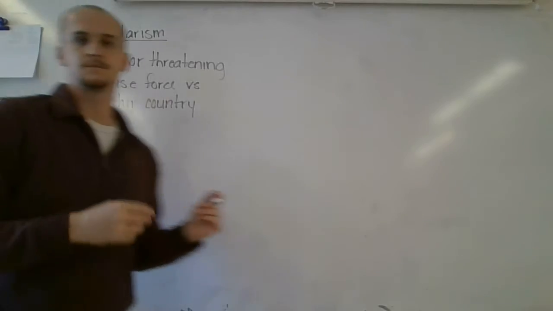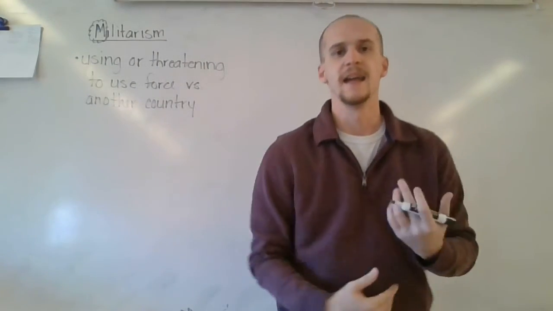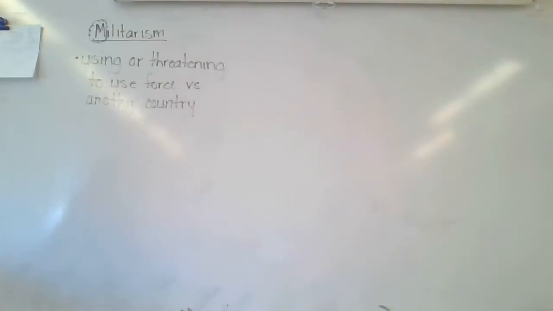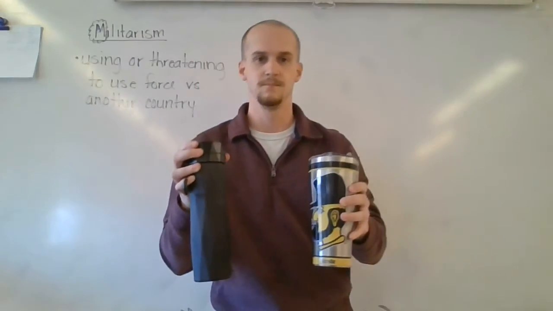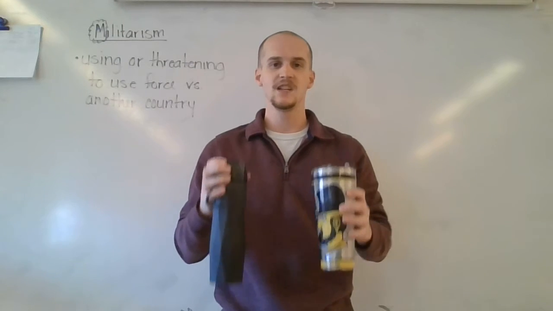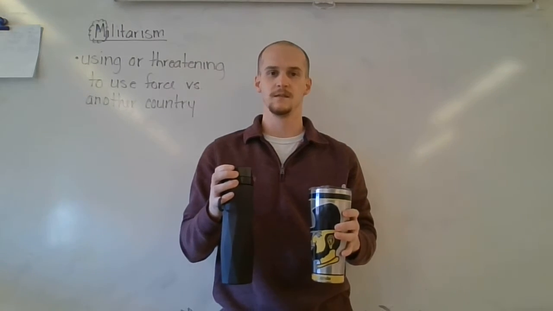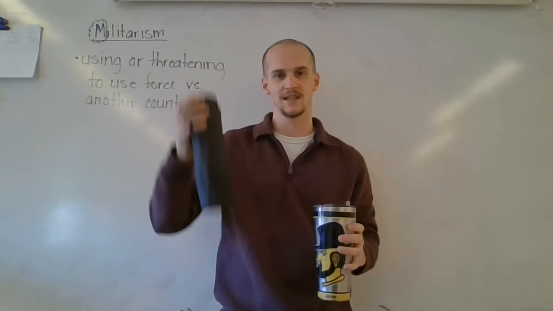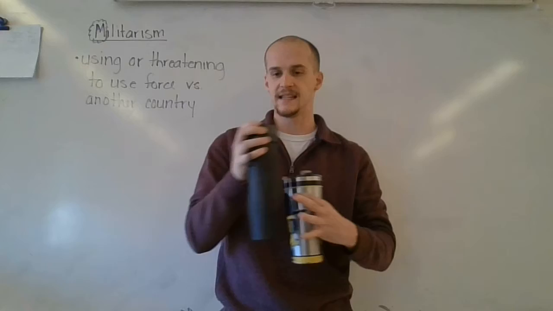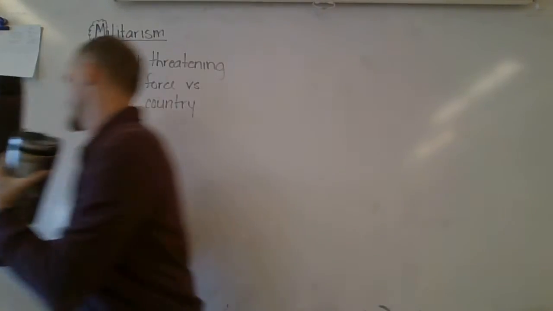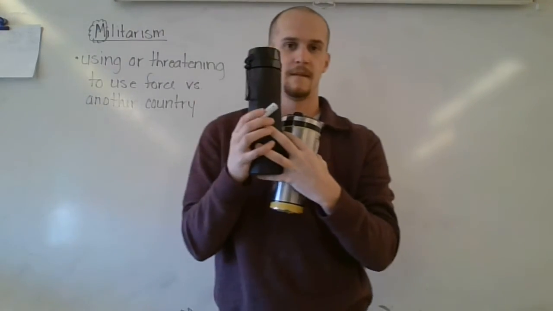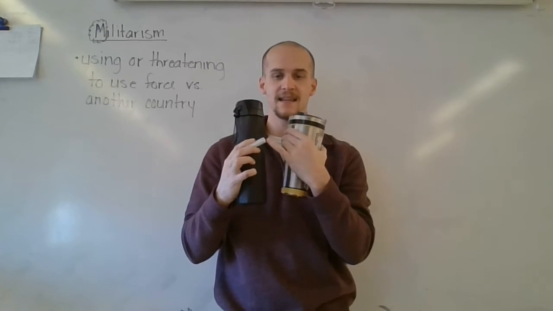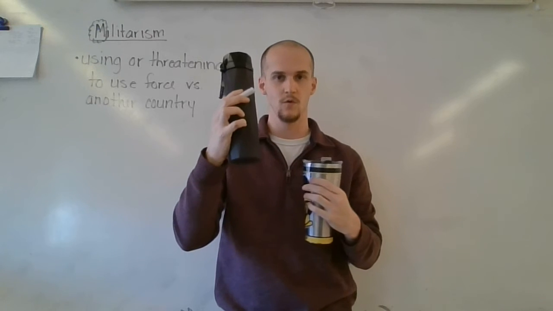All right, so this is just if you had 2 neighbors side by side, right? And they're constantly in competition with each other. Well, that competition alone creates a rivalry between those 2 sides. So if neighbor A goes and gets a new weapon like this, well, neighbor B immediately has a threat or a fear of this new weapon that neighbor A has.